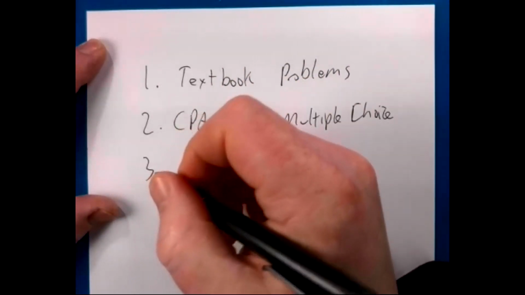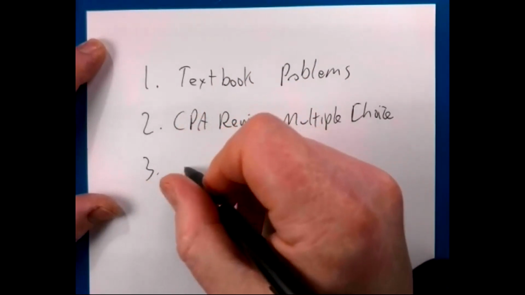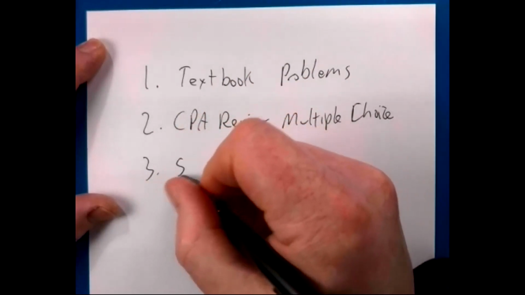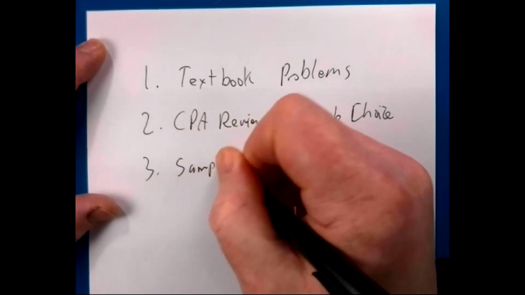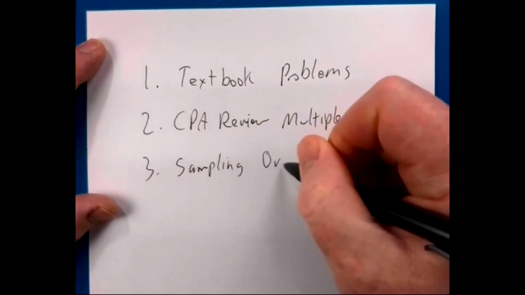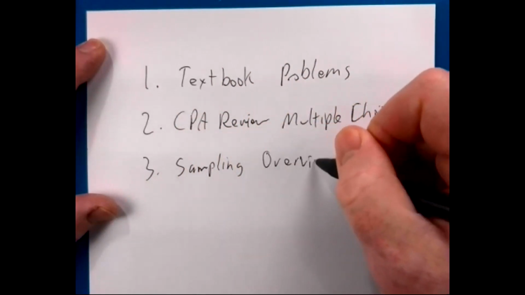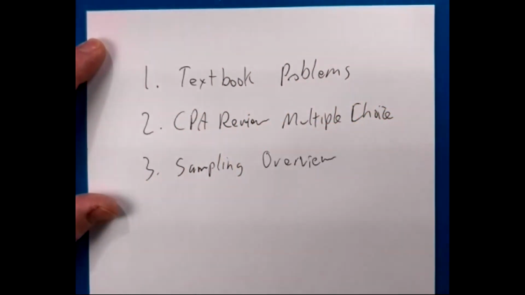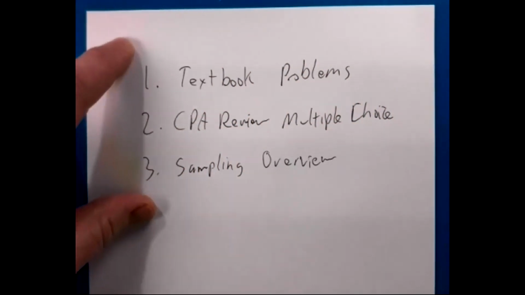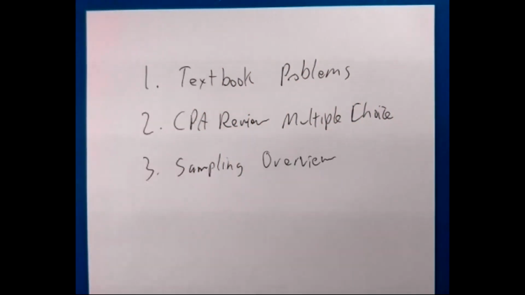And then the third, I keep putting this on the agenda every week and we don't get to it, but sampling overview handout. But I think today we'll get to it. Okay. So that's what we're going to do today.